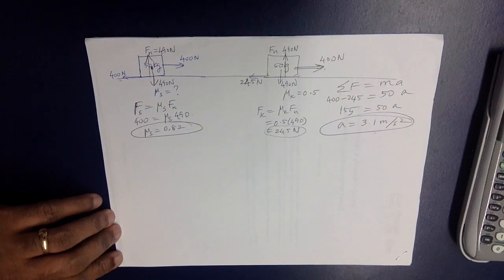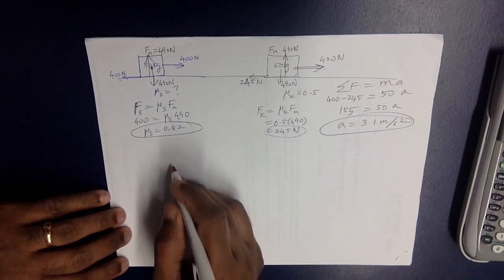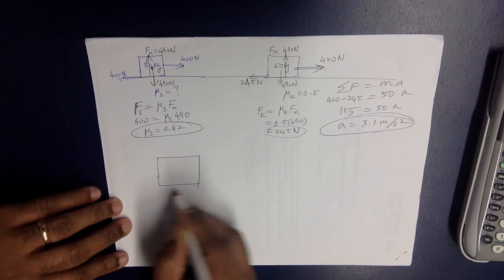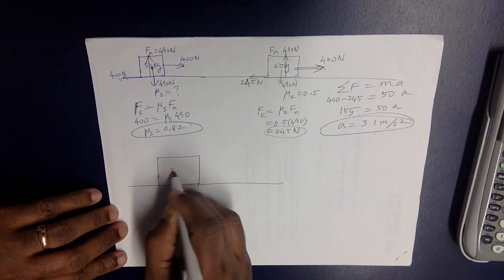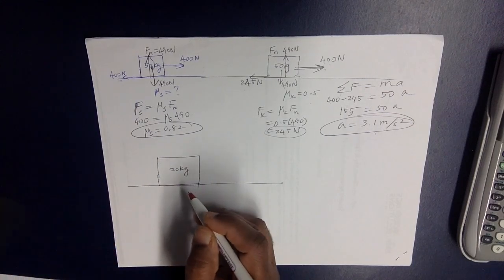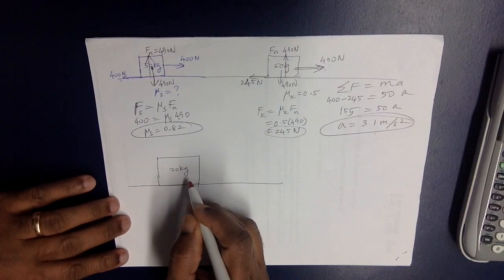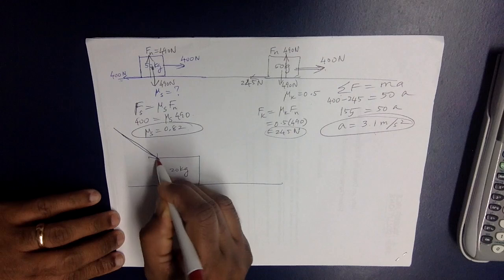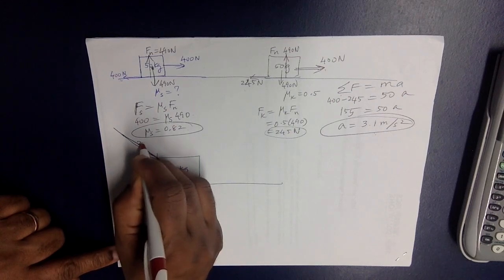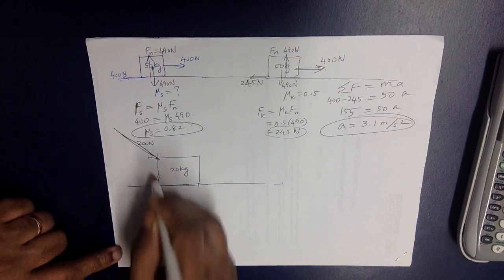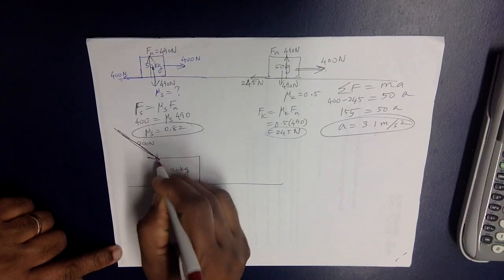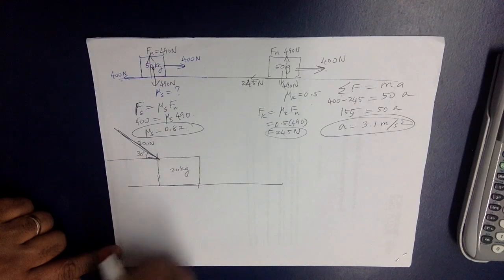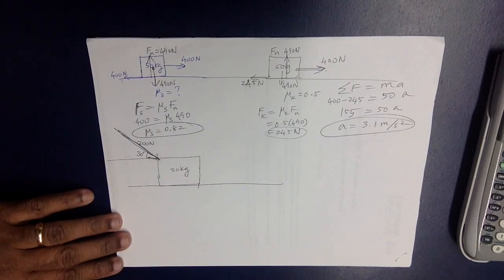Okay. The other concept is, let's say you have an object of mass 20 kilograms, and you push that object with a force of 200 newtons at an angle of, let's say, 30 degrees.